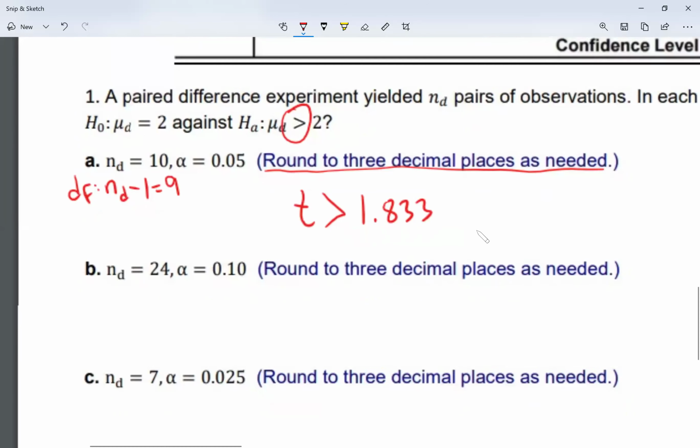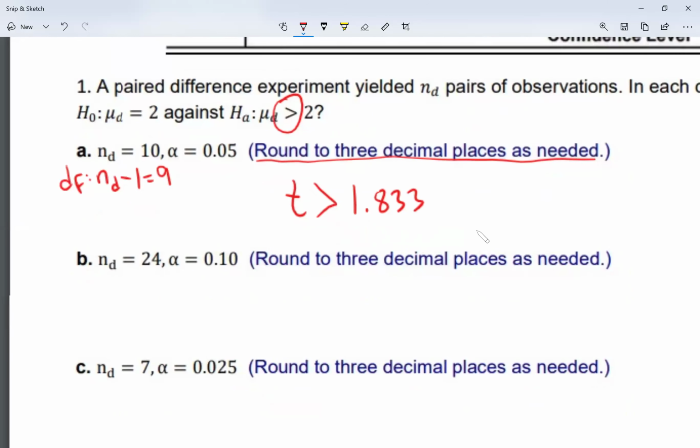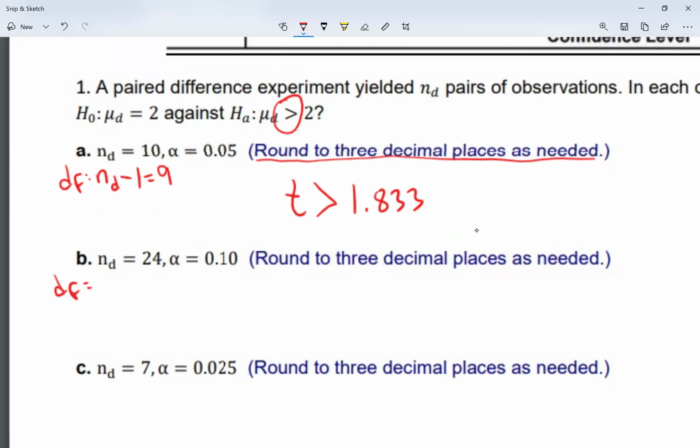Okay, now example number B. The degrees of freedom when I use the chart is 23. Because I have inequality in all of my questions, I'm going to say T is greater than, and I'm using the one tail for all my cases. Now my alpha is 0.10 and my degrees of freedom is 23.